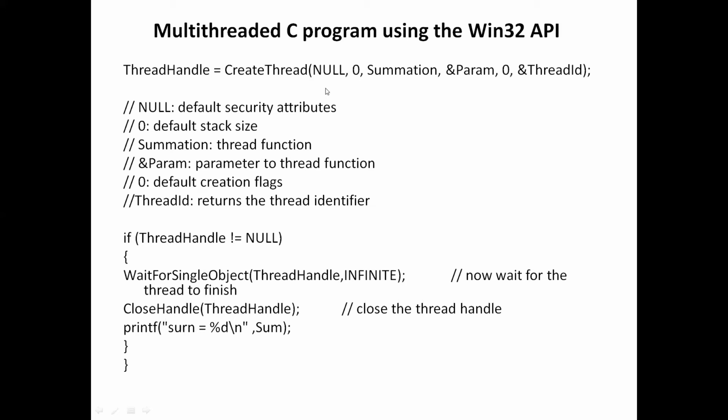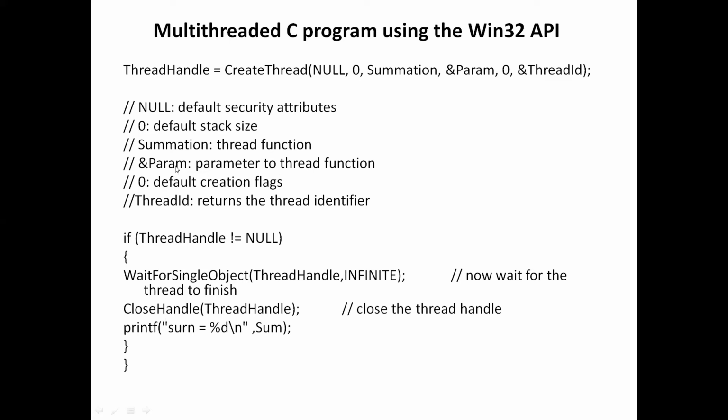For this we have 6 parameters. The first one is NULL, the default security attribute. 0 is the default stack size, and Summation is the thread function where the thread logic is written. Next is &Param, the parameter to the thread function.